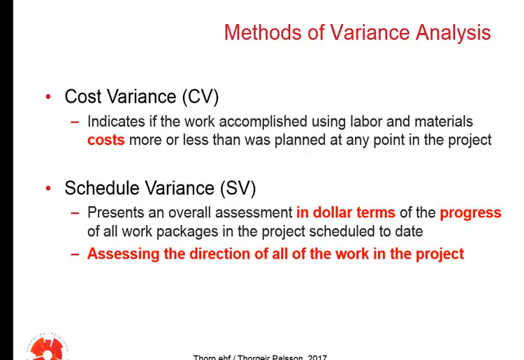It's basically assessing the direction of all the work in the project. But remember from just a bit earlier, the schedule variance is supposed to tell us about the time. Are we ahead of schedule in terms of time? And how can a dollar unit tell us something like that? It cannot. But if the variance is negative, then we know that we are running behind schedule.